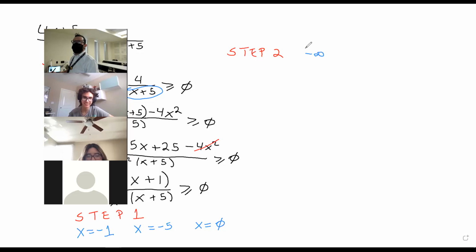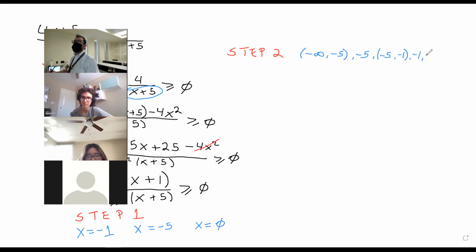I think that it's going to be minus infinite, then minus 5. Correct. Yeah, we go from minus infinite and then just get to each of the numbers. So minus 5, correct? You consider the minus 5 is also included. Yeah. Then minus 5 to minus 1. Correct. And then we include the minus 1.